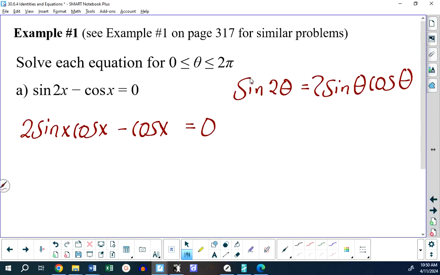I'm not claiming that everybody remembers without effort how to do this, but it is something we've learned before. In this particular case, what we can do is factor out a cos of x and be left with 2 sine of x minus 1.